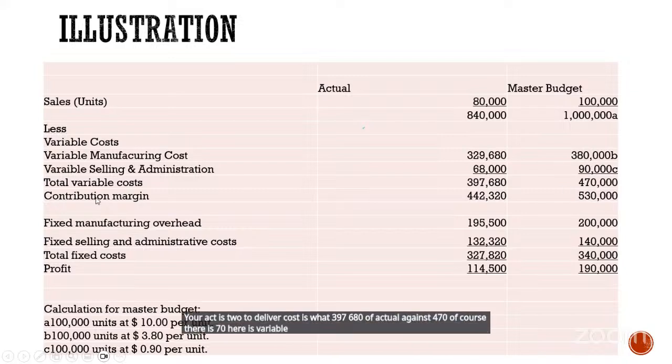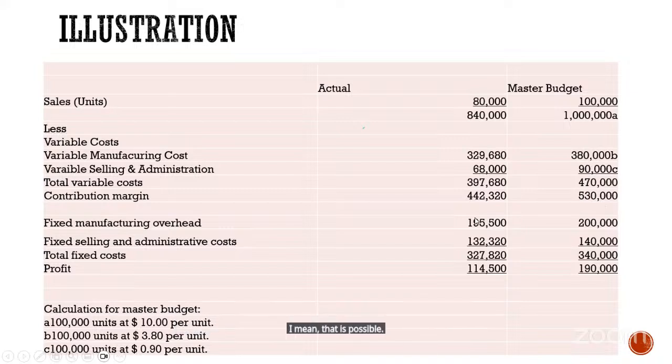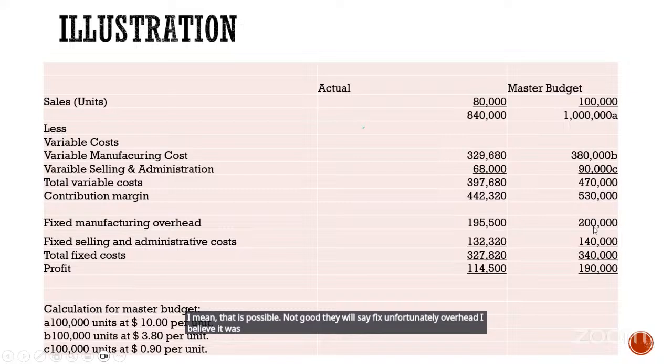Then contribution margin, we have 442,320 as actual, but our budget shows that we had 530,000. That is also not good. Then fixed manufacturing overhead: our budget was 200,000 naira, but the actual was 195,000.